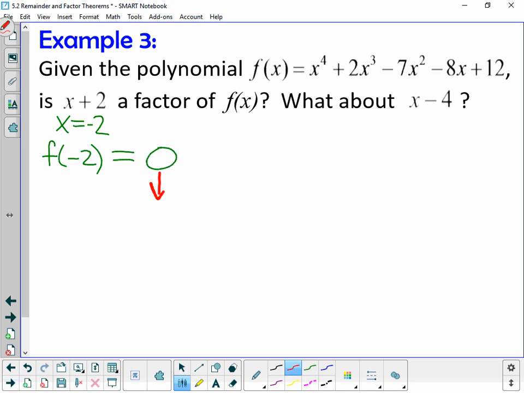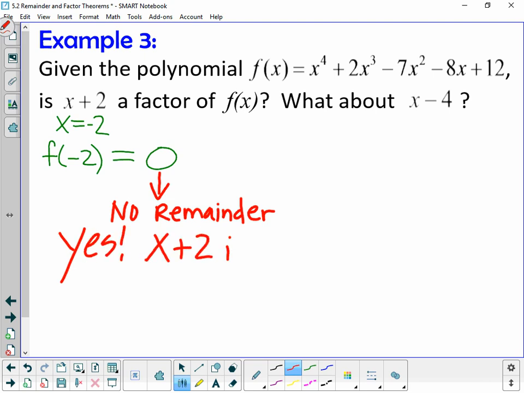Well, that 0 means there is no remainder, which means that, yes, x plus 2 is a factor of f of x.